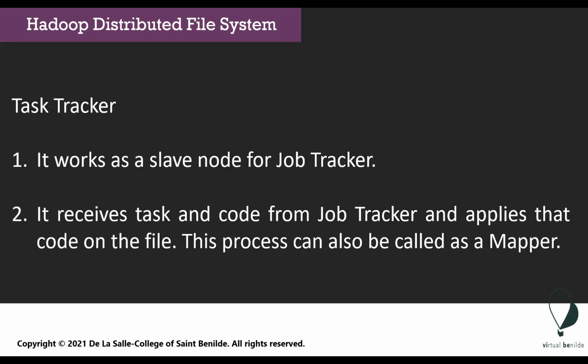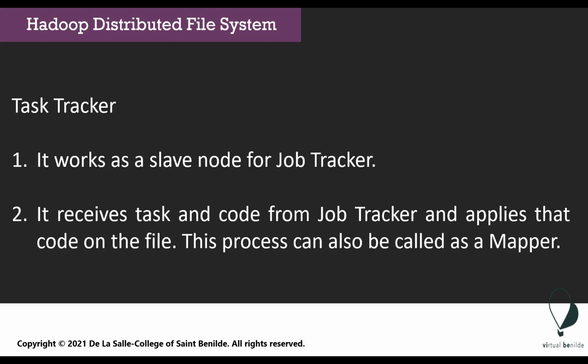So this is the task tracker. It works as a slave node for the job tracker. It receives tasks and code from the job tracker and applies them on the file. This process can also be called a mapper.